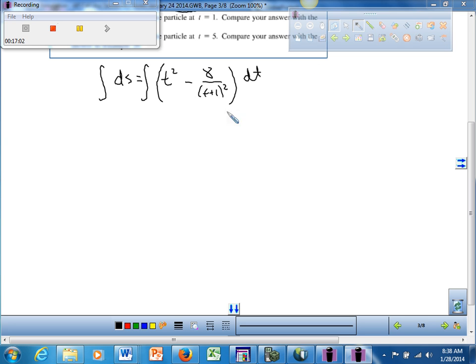All right, so right now, let's finish this. We get s on the left, and on the right we get what? t cubed over 3. And then this would require a u substitution, technically.